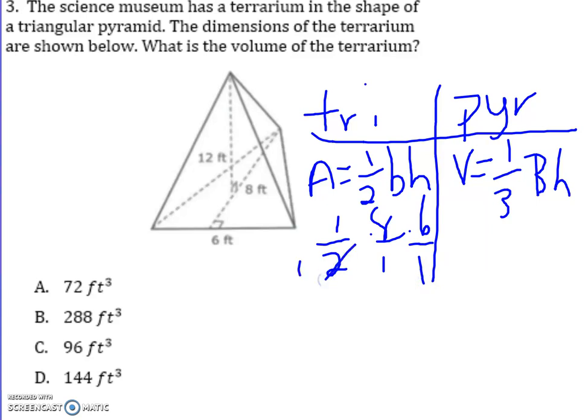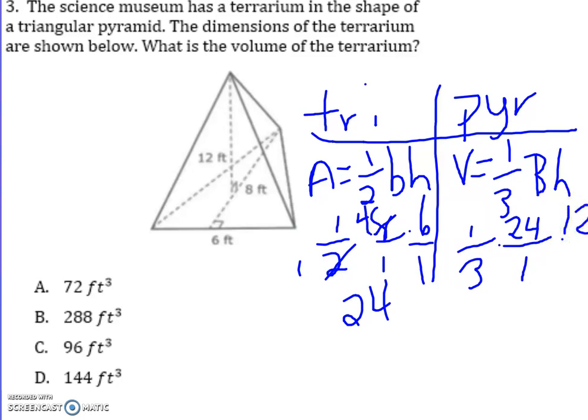We're going to simplify the diagonal. We got 1. We got 4. 4 times 6 is 24. Then we're going to do 1/3 times 24 times the height of the pyramid, which is 12. 3 divided by 3 is 1. 24 divided by 3 is 8.